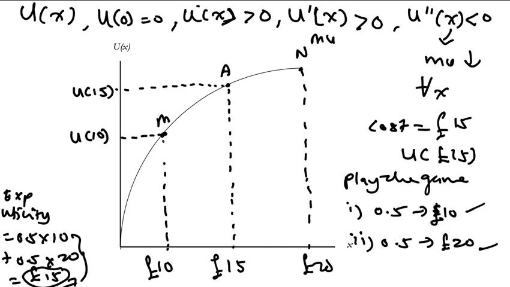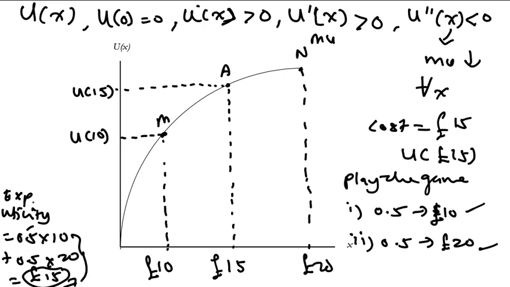If we are so certain that we get 10 quid, our utility is 10, and we don't call it expected utility. If we are so certain that we receive 20, our utility will be 20 here. I don't want to mess up the graph.